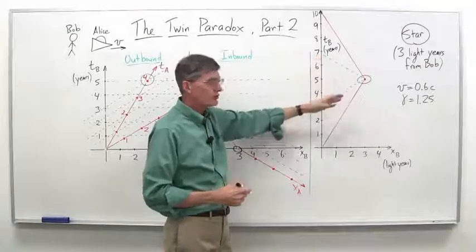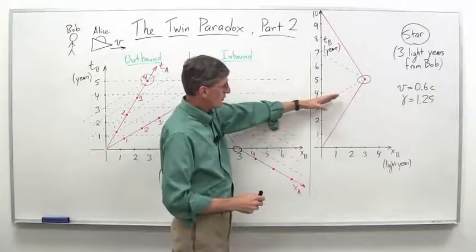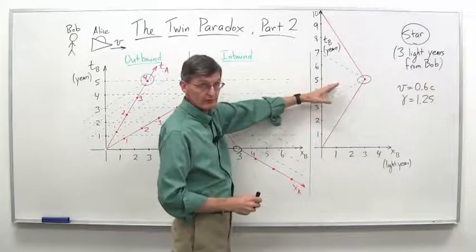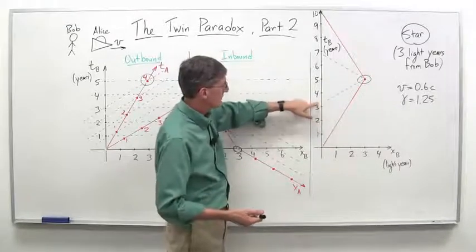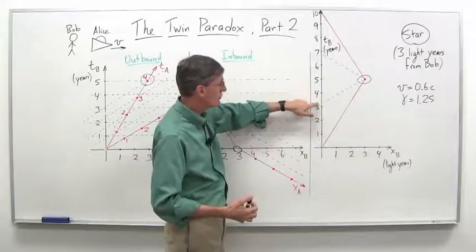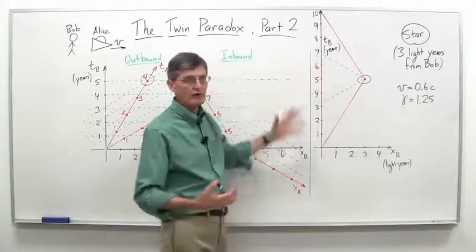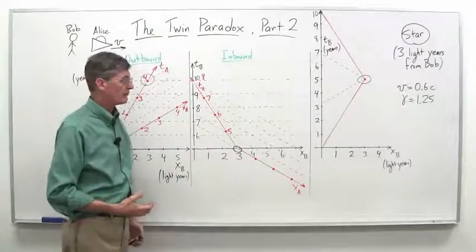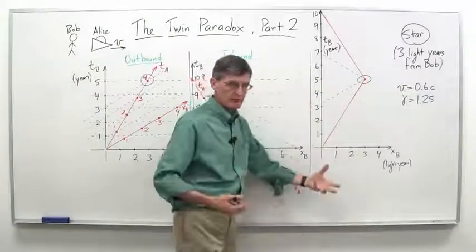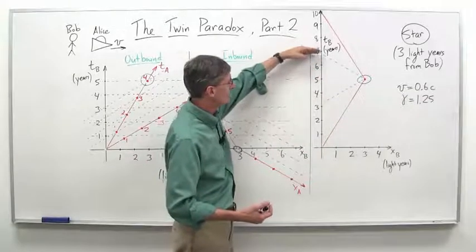So in that turning around procedure, as far as she's concerned, if she's observing Bob's clocks during that time, his clocks speed up from 3.2 to 6.8. And that's where the lost time, as it were, comes in. It's during that turning around process.